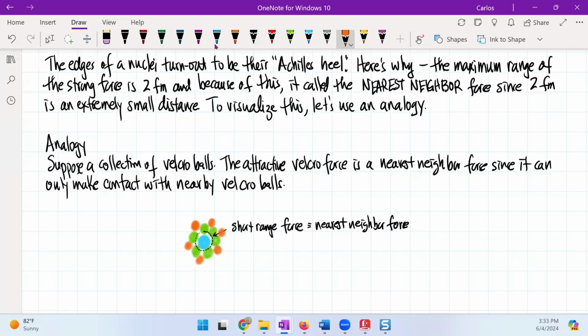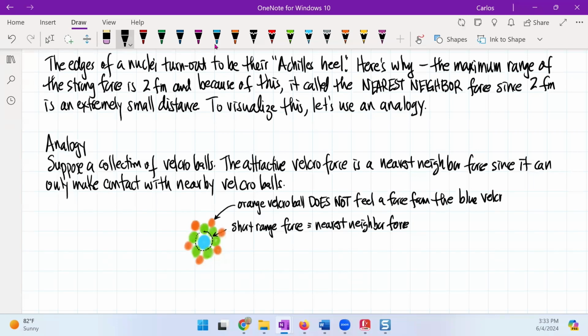When I look at this orange Velcro ball right here, it does not feel a force from the blue Velcro ball.